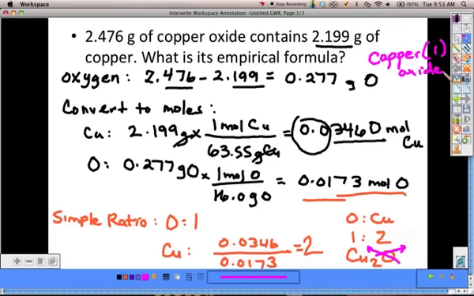How did you get the oxygen being 1? Because we took the lowest number of moles, which was 0.0173, and divided by that. Good question. Any other questions before we move along? Yes, Nikki. It is a transition metal, so I need to know the charge of it.